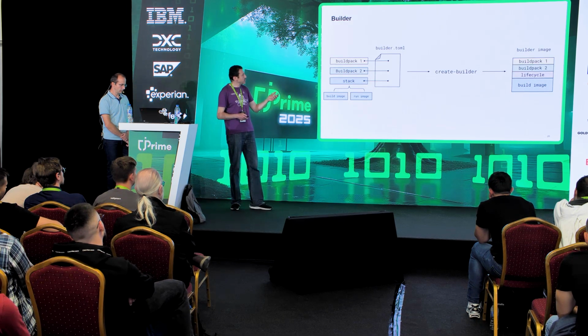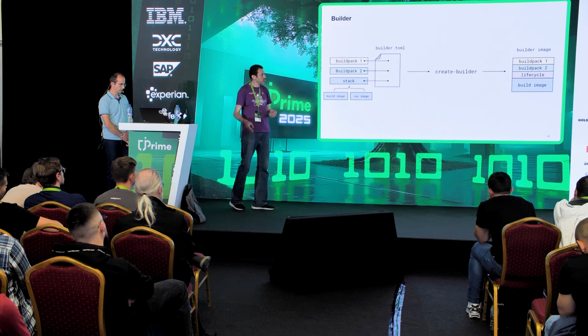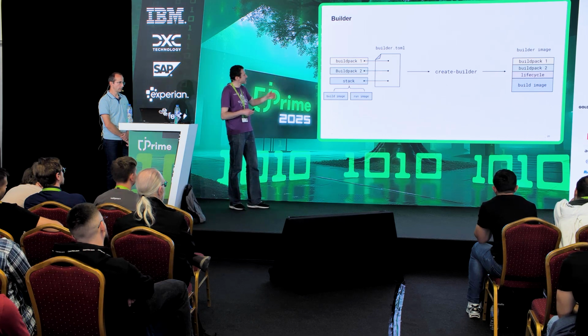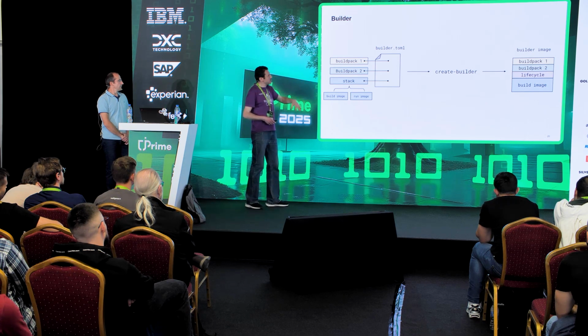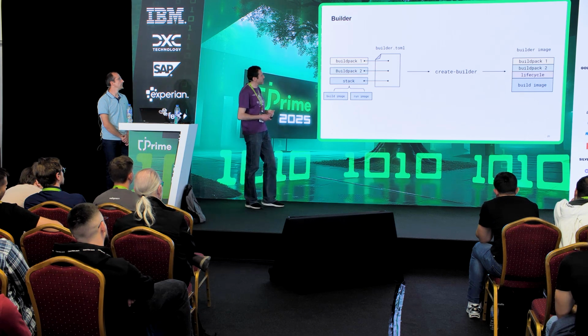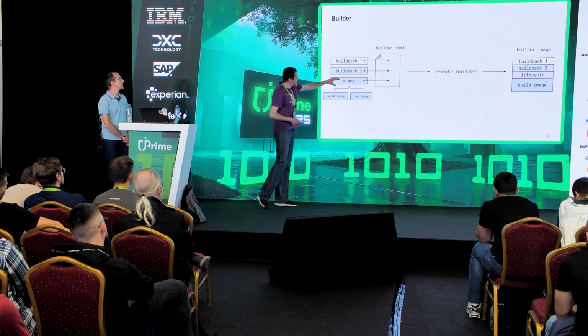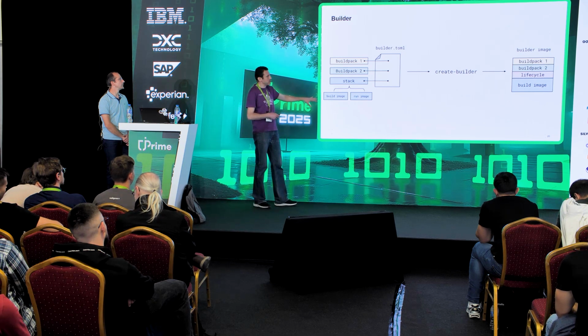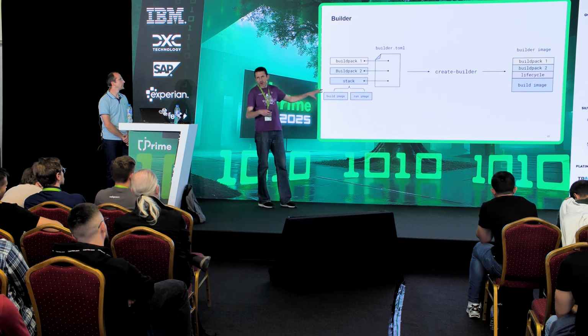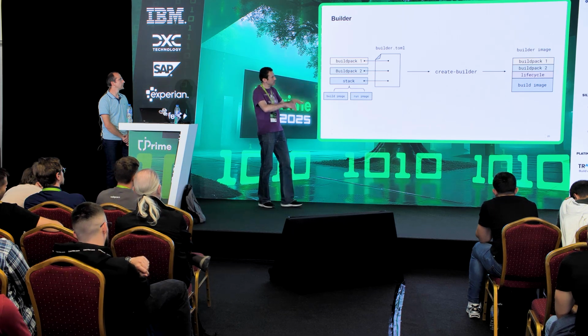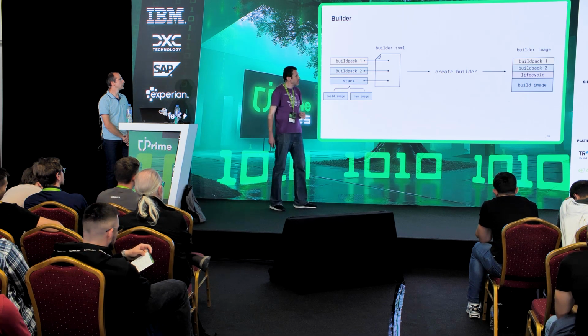So the builder is also an important concept. This is an image which contains in itself the different buildpacks that can be used potentially in the process, and it has the so-called stack, which is basically a combination of the build image and the run image. The build image is the environment where the whole build process executes.